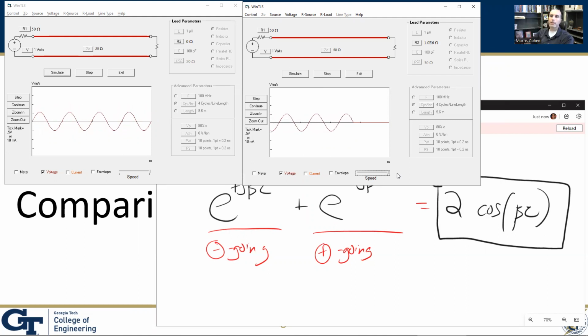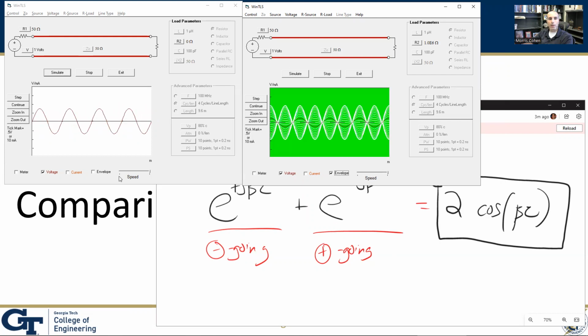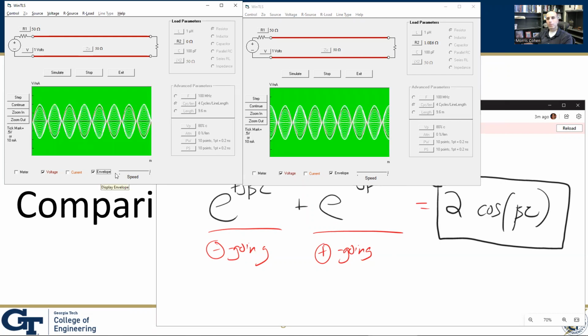We'll wait till this settles out. That's the definition of sinusoidal steady state: all the transients have settled out and they've all been absorbed. All right. Seems to have a very similar characteristic. Let's click on envelope of this one and envelope of the first one. They look exactly the same.